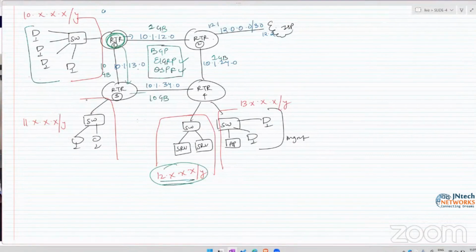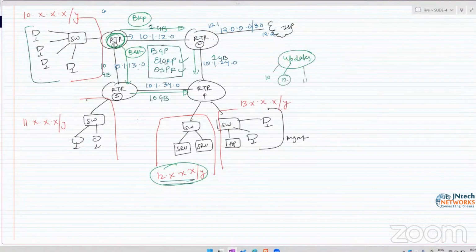R1 to R3, R3 to R4, 10 GB, right? So this one is my best path. After running the DUAL algorithm, we get this other side as my backup path. So basically this is how we get best and backup paths after exchanging updates, and the updates will carry the 12., 10., 11., and 13. networks.